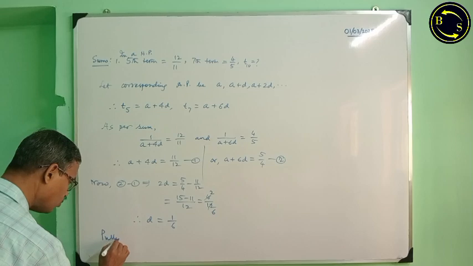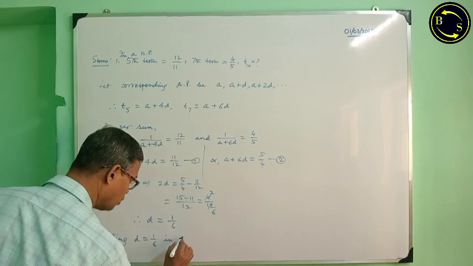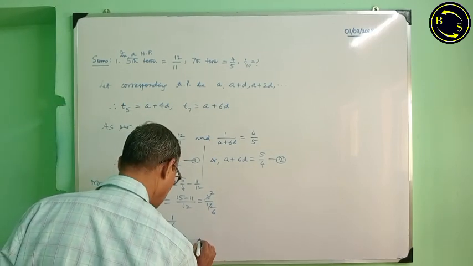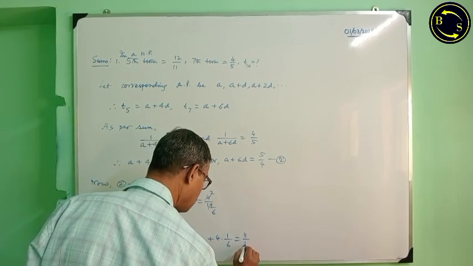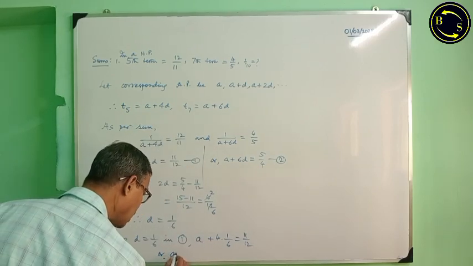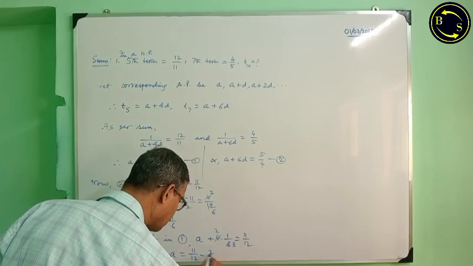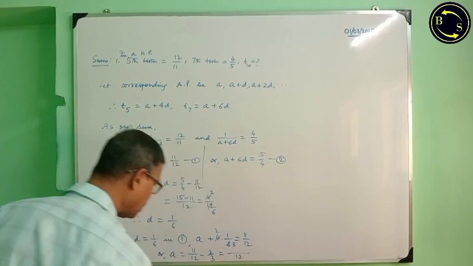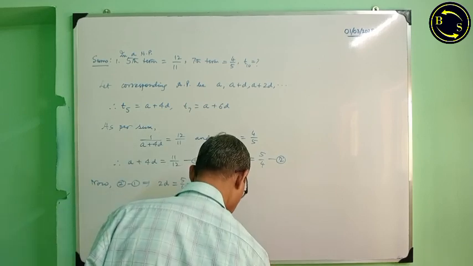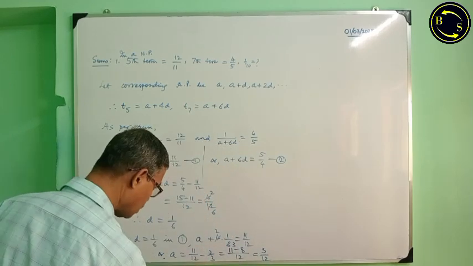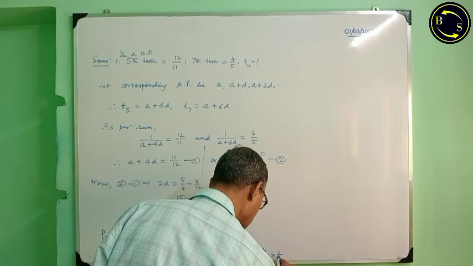Putting this value D equal to 1 by 6 in 1, A plus 4 into 1 by 6 is equal to 11 by 12, or A equals 11 by 12 minus 2 by 3, that is 11 minus 8, 3 by 12, which is equal to 1 by 4.